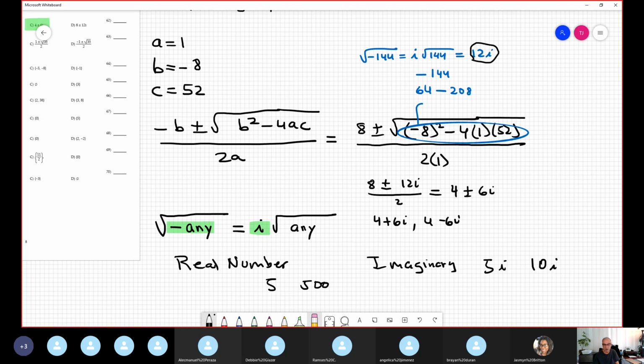So the number that contains i. And the combination, real and imaginary, like this answer, look, is a complex number because it contains both. It contains a real number and an imaginary number together. Okay. Super? Keep in mind, a square root of a negative number is not real. Impossible to be real.